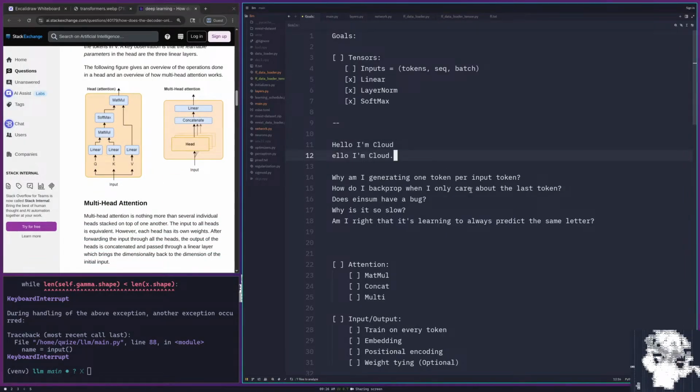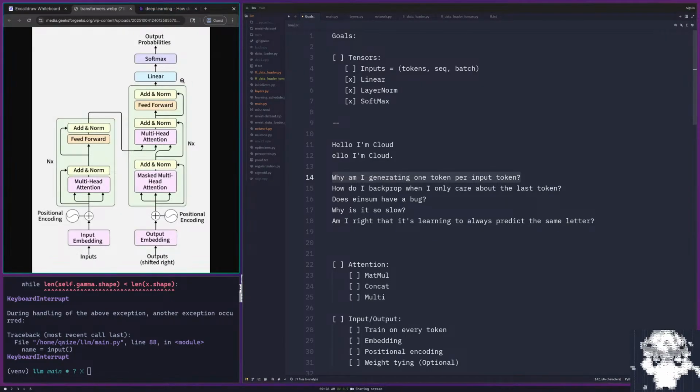Okay, basically I'm confused. I'm gonna delete these. Oh, okay, well, the answer to this is, why am I generating one token per input token?